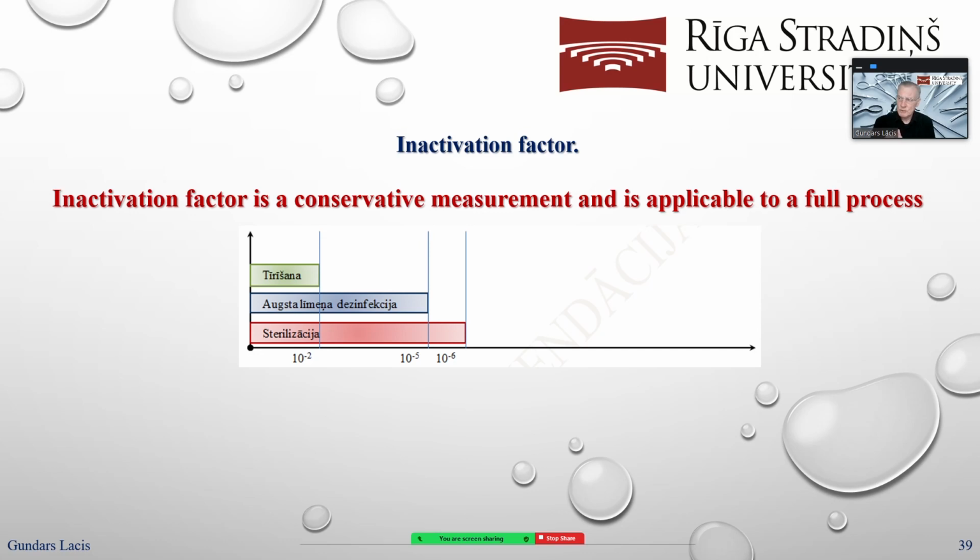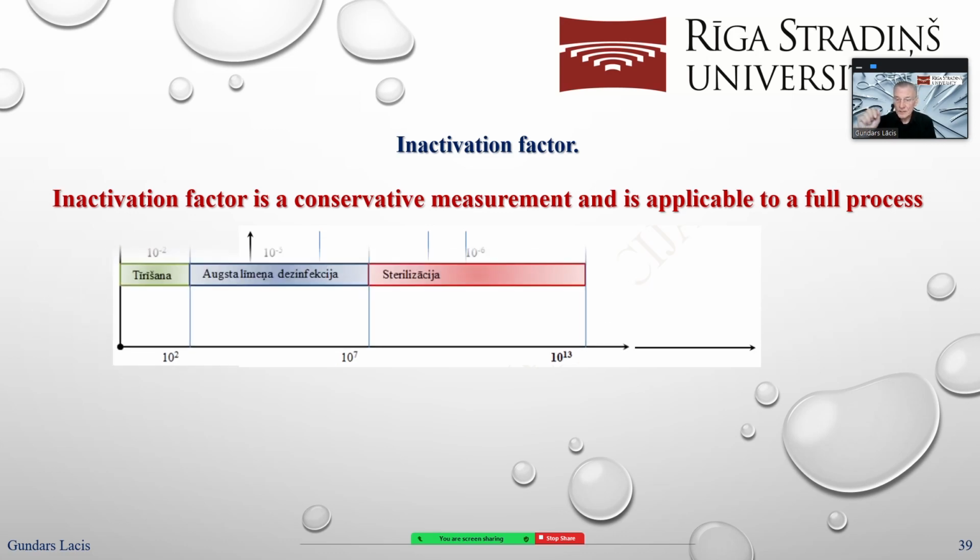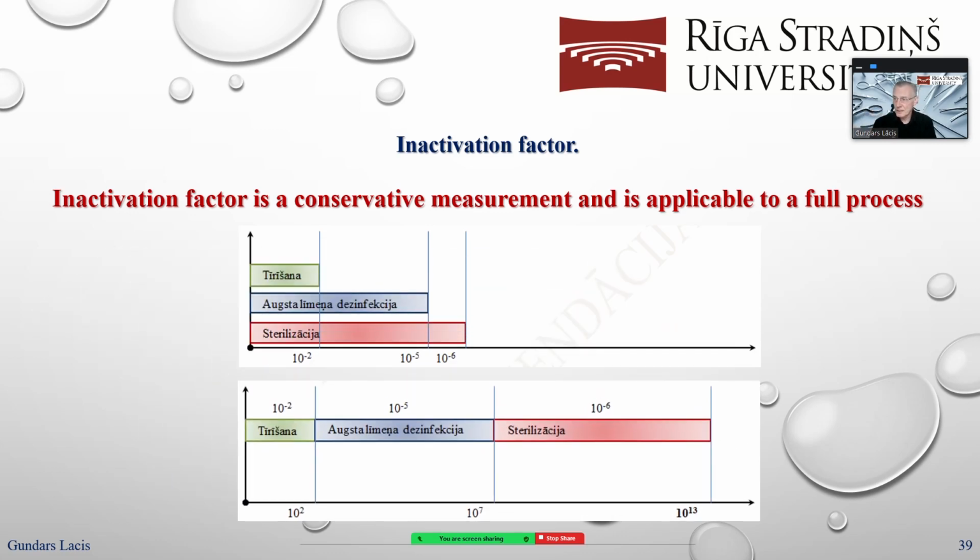High-level disinfection is 5 logs, 100,000 times, and the sterilization process is 6 logs, 1,000,000 times. If we do this separately, it's only 100, or 100,000, or 1,000,000. But if we do this one after another, then 100, 100,000 and 1,000,000 give 13 logs, or 10,000 billion times.